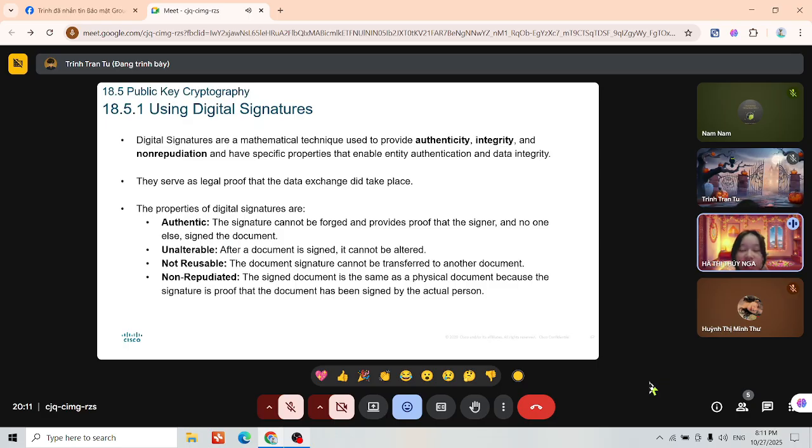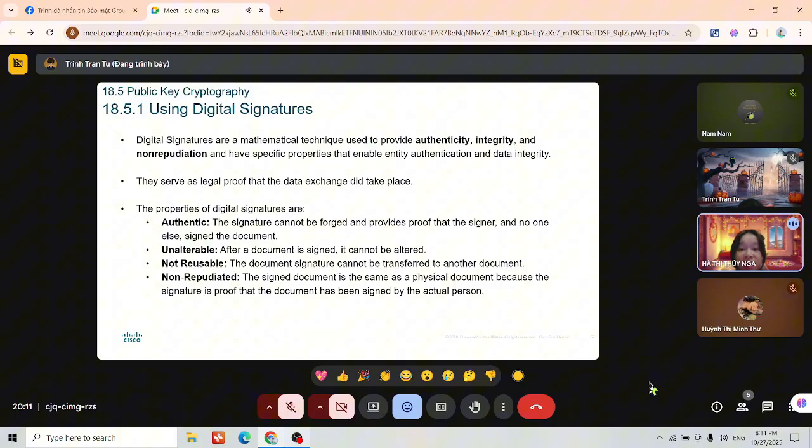A digital signature is a mathematical technique used to ensure authenticity, integrity, and non-repudiation.